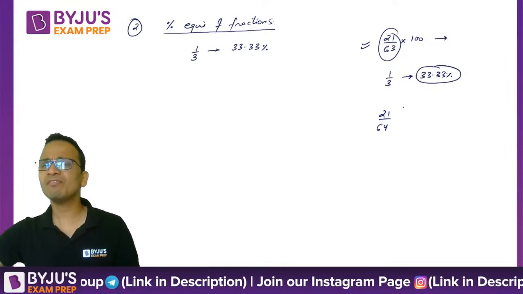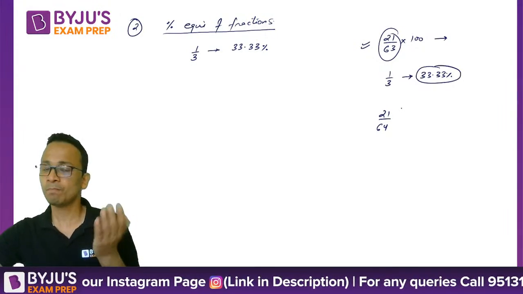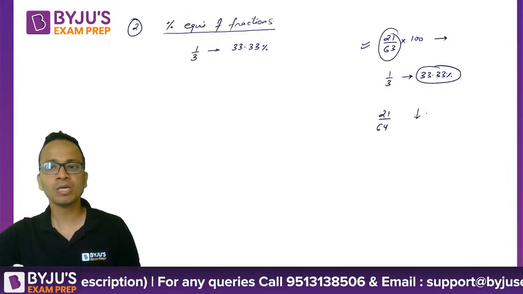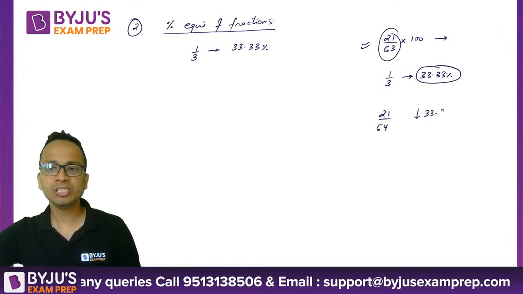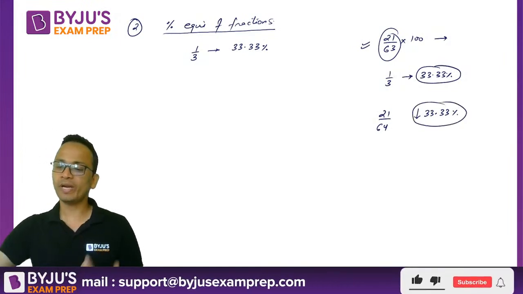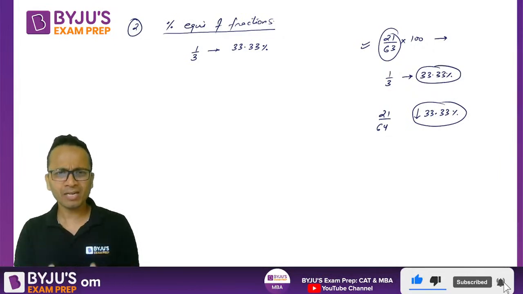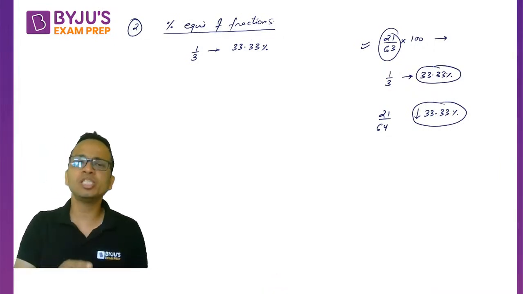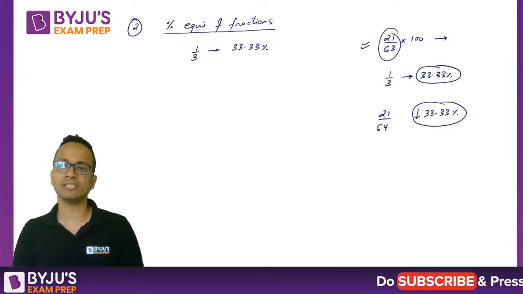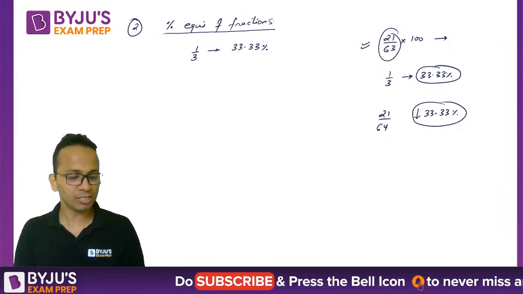But we have an increased denominator, so if the denominator has increased then the value should decrease, so my answer should be just less than 33.33. Okay, so 21/64 is clearly visible, cannot cancel out, but we can certainly use percentage equivalence of fractions as well as approximation techniques to approximate our answer. Okay, so 21 upon 64 should be just less than 33.33.